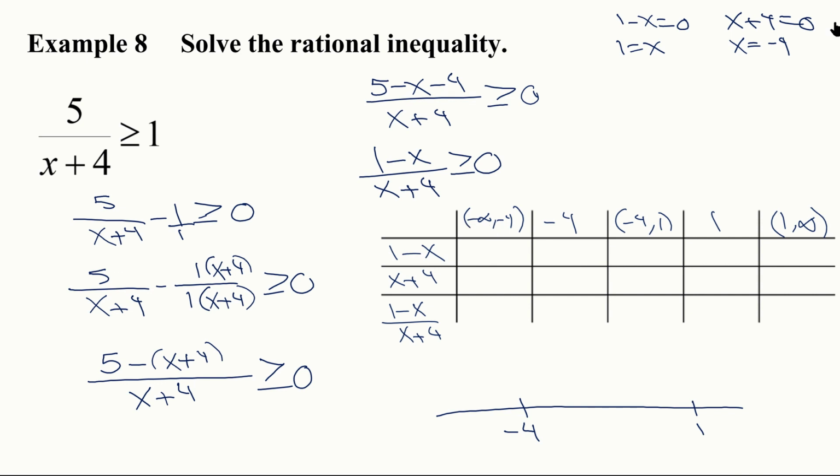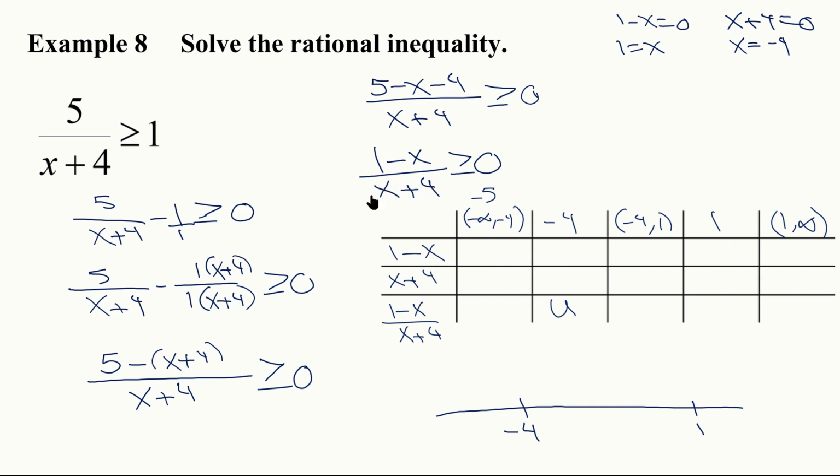Now, in this region, we can just pick, say, negative 5. Negative 4: we know it makes the denominator 0, so that's where the quotient is undefined. So we'll put U for undefined, okay? 1 is where the fraction becomes 0, because there's no problem if the numerator of a fraction is 0, as long as the denominator is not 0 as well. 1 only makes the numerator 0.